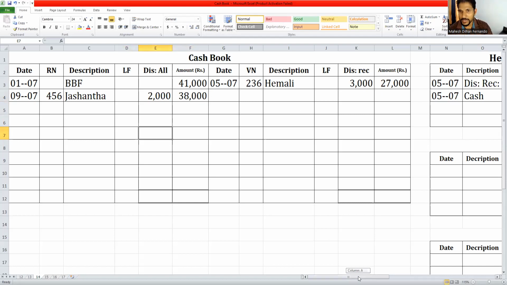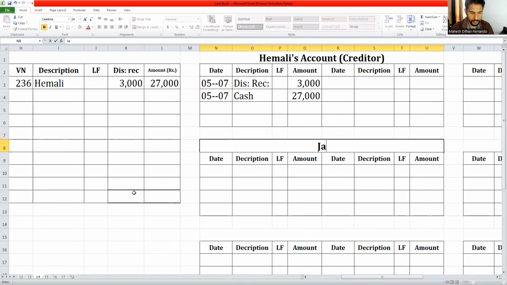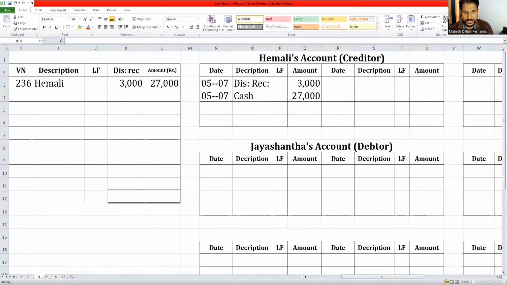And at the same time, I have to update Jayashanta's account. Remember, Jayashanta is a debtor. The date is 9th of July.